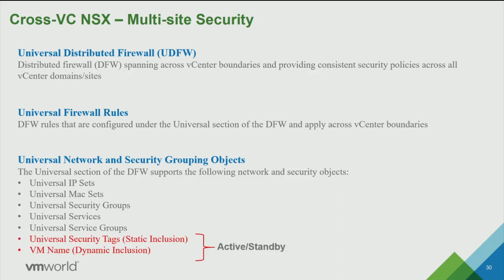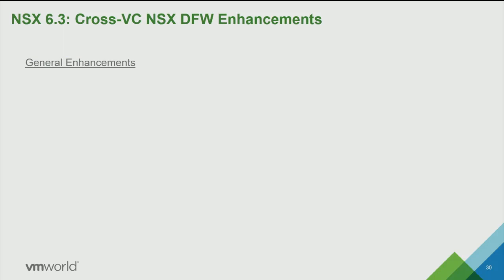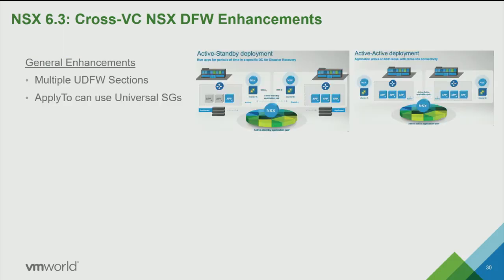So we can actually create universal security groups with matching criteria of universal security tag and VM name. The important thing to mention here is this is only for active standby deployments. I'll explain that a little bit more later on. But basically, if you have security policies between the tiers, that entire application has to be either at Site 1 or Site 2. Okay?